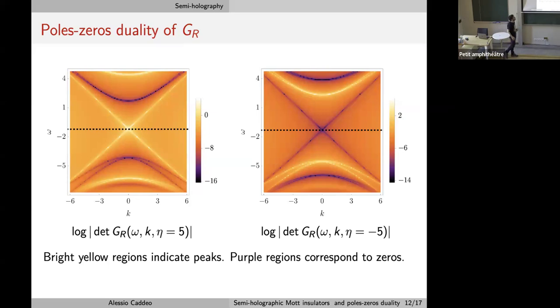We see on the left a relativistic dispersion relation with a speed of light that is smaller than 1, of course. And when we switch the sign of eta, the poles become zeros. This is quite precise for the crossing diagonals, and we see a good approximation also for the upper bands on the right.